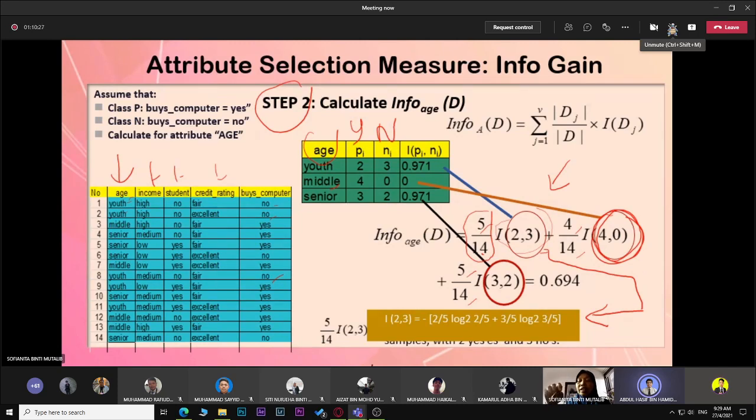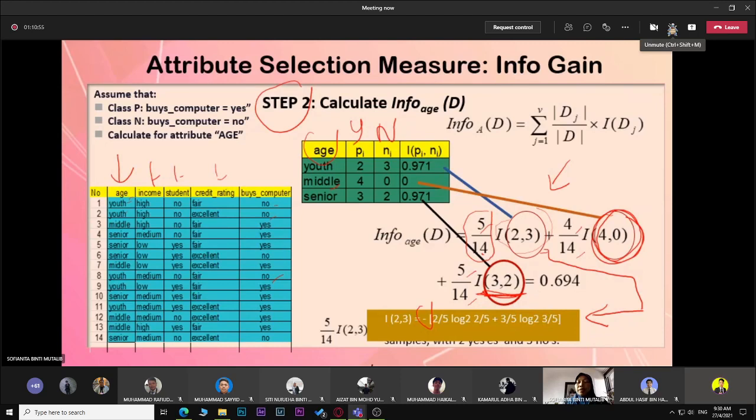Then plus? 0 over 4 log 2 of 0 over 4. Then the summation, and don't forget the minus sign. Okay, understand? Okay, how about this one? How do you expand this one?